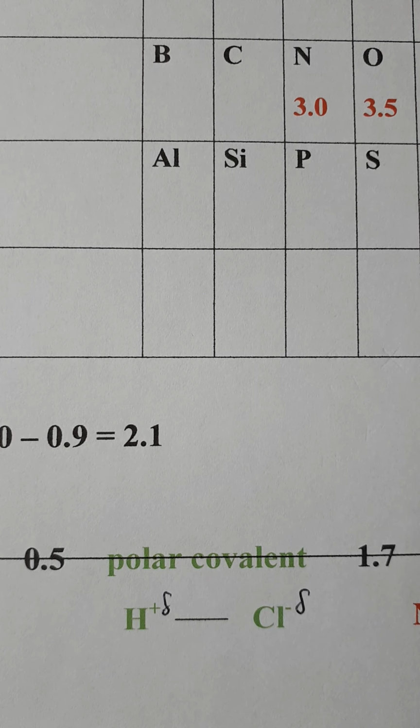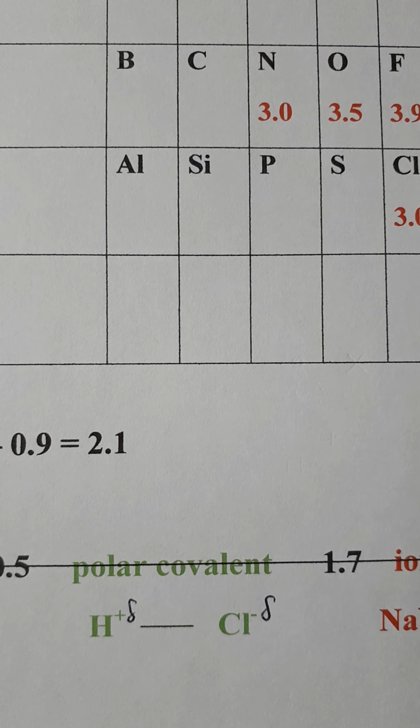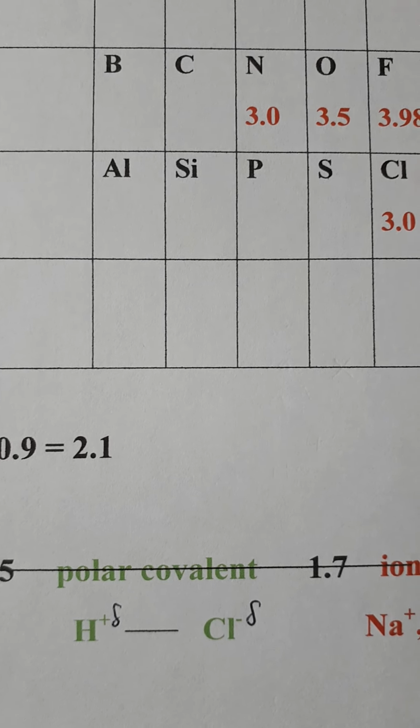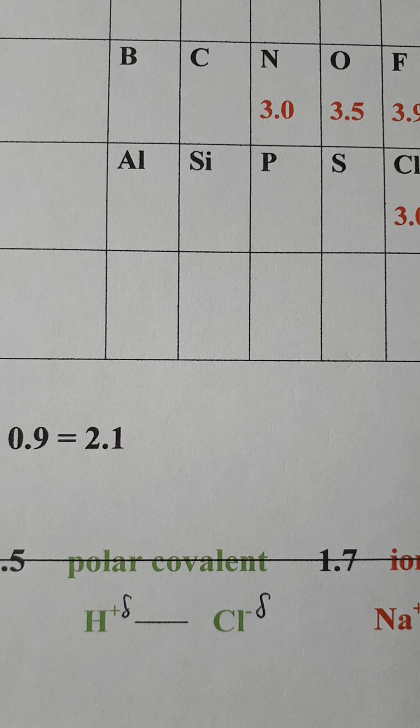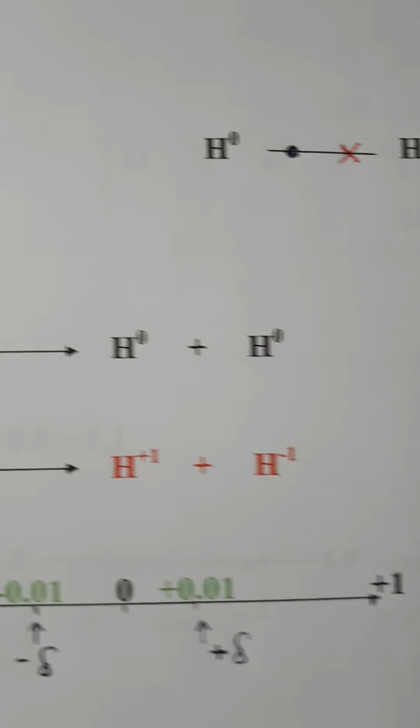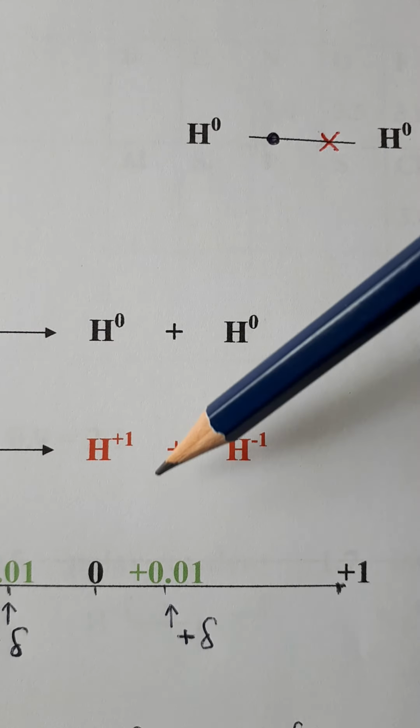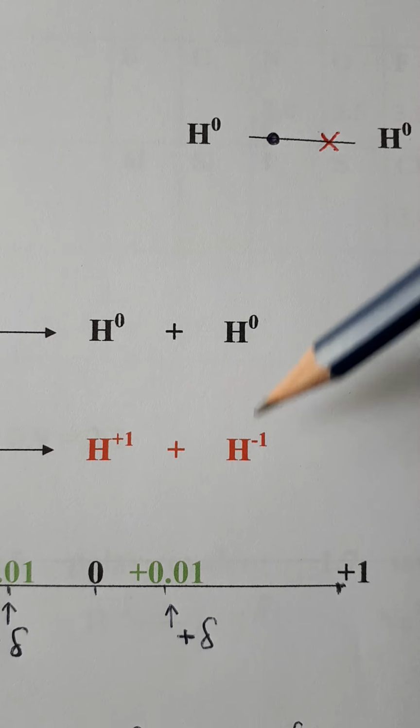That means one atom is much more electronegative than the other one, so it completely takes the other person's electron to itself. So it became Cl minus and Na plus, the one that I showed you previously in this one. One became plus, one became minus.